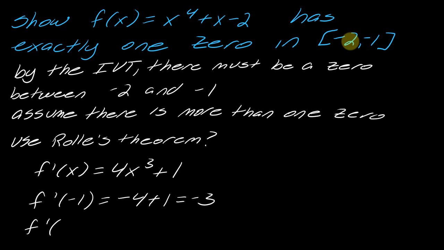And f prime of -2, what would that give me? Well, it's going to give me, let's see, that'll be -8 times 4, so this is -32 plus 1, so this is -33. All right, so I can see here that this is going to give me negative values, and really if I plug in anything else in between -1 and -2, these are all going to be negative.